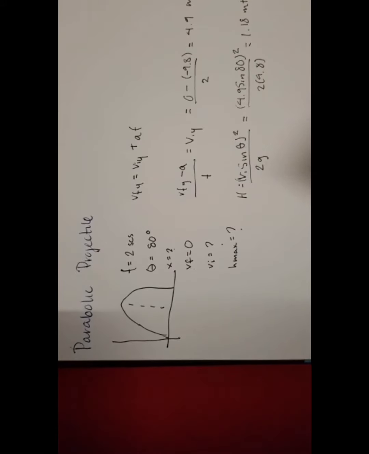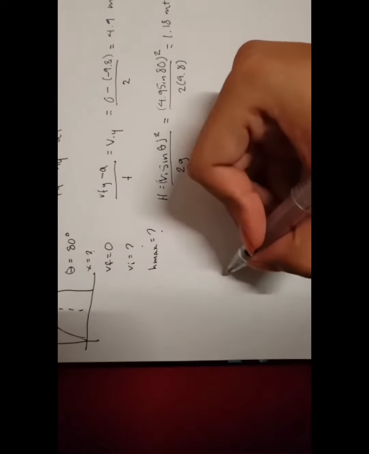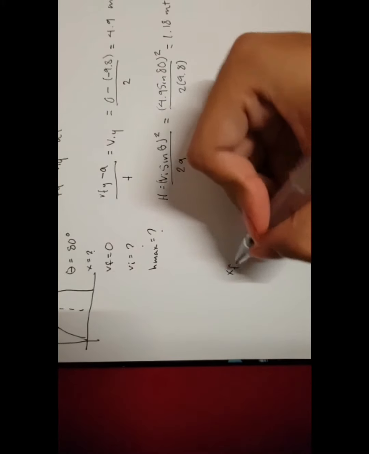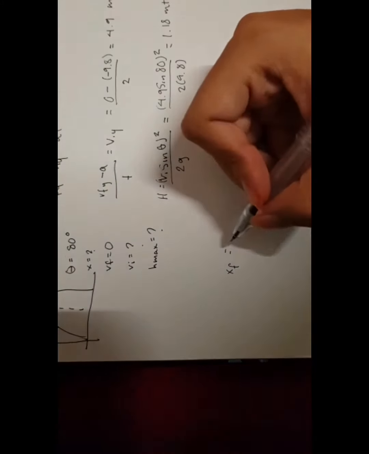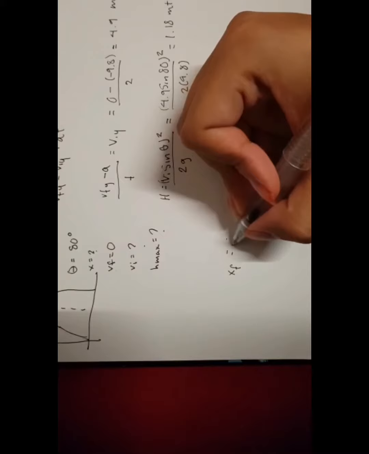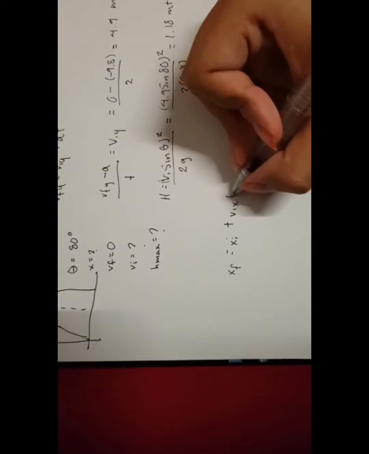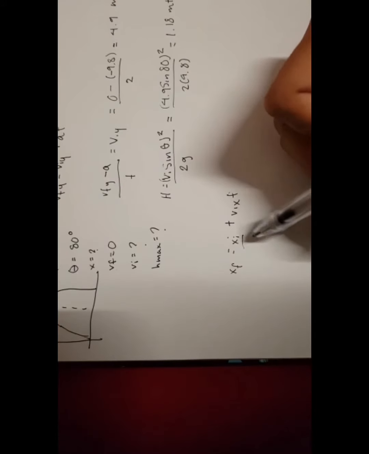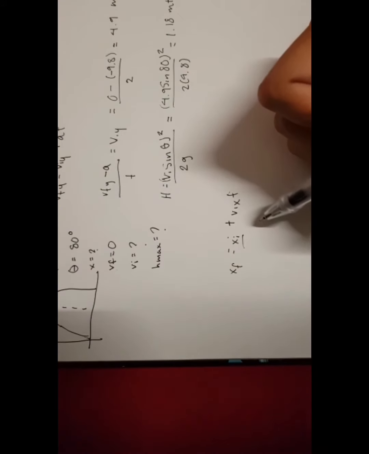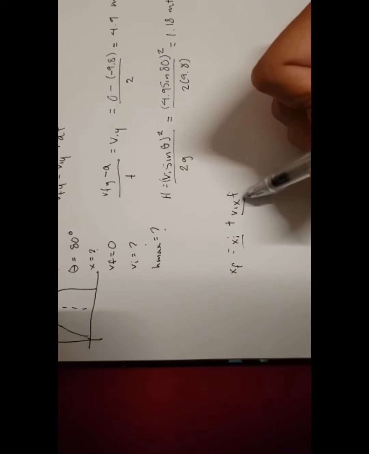Now we have to find the range, and the formula for the range is final of the x equals x initial plus velocity on the initial x times the time. But we don't have the initial on the x, and this one we don't have, but we can get it.